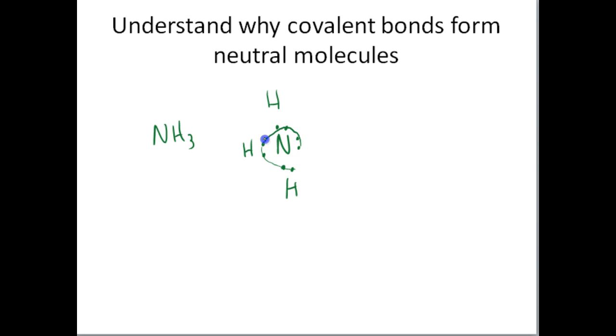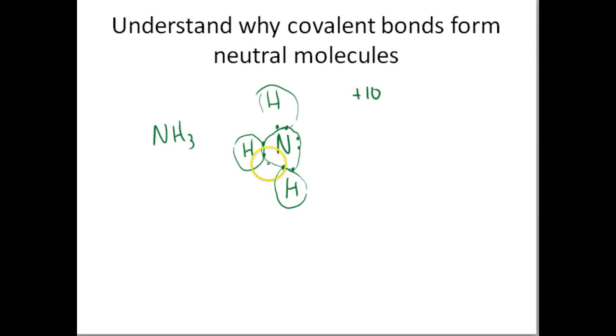And nitrogen, which is atomic number 7, has 7 protons, plus the 3 protons from the 3 hydrogen, gives us a charge here of plus 10. And then if we count up our electrons, we've got the 7 that nitrogen brought to the table, and the 1 from each hydrogen.